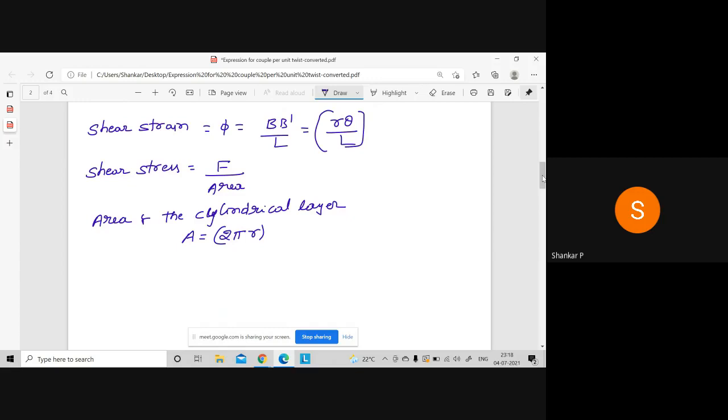I'm sorry, it is the circumference of the circle into thickness of the cylindrical layer, that is, area A is equal to 2 pi r into dr. Here dr is the thickness of the cylindrical layer and 2 pi r is the circumference of the cylindrical layer.